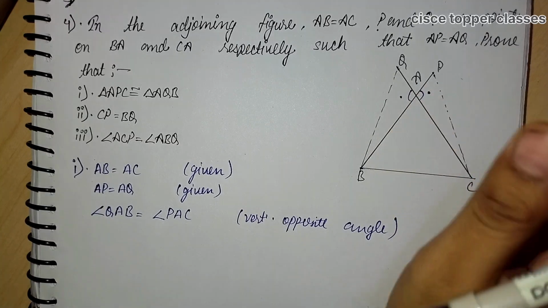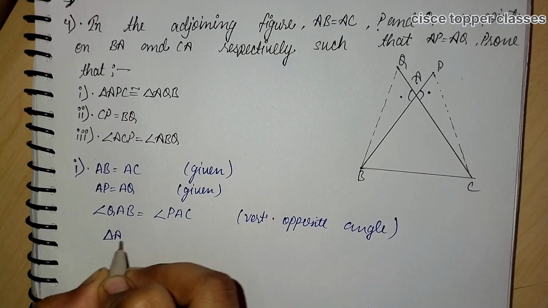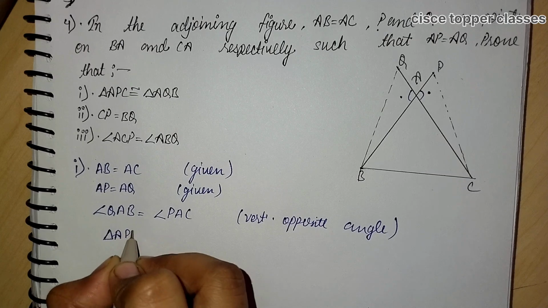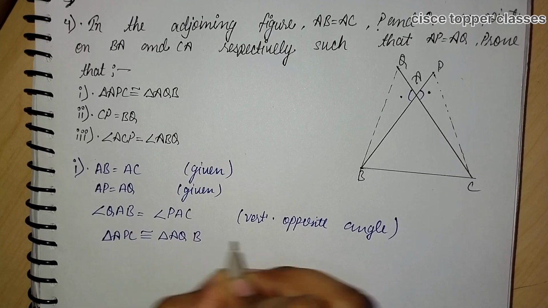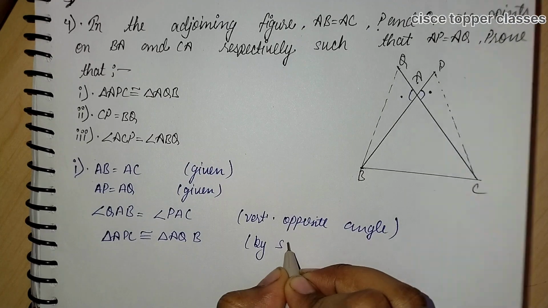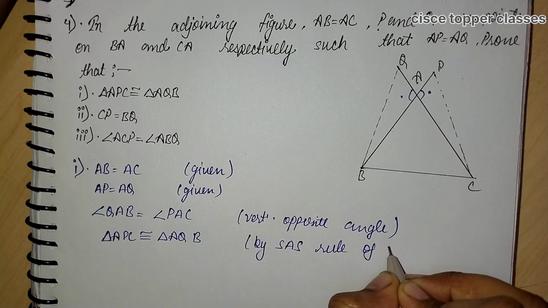From the SAS rule of congruency we can prove that triangle APC is congruent to triangle AQB, because the angle here is the included angle.